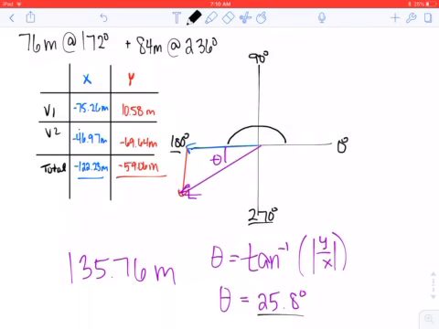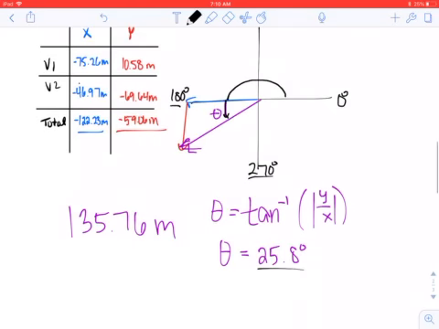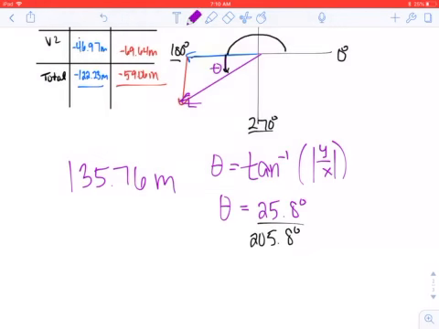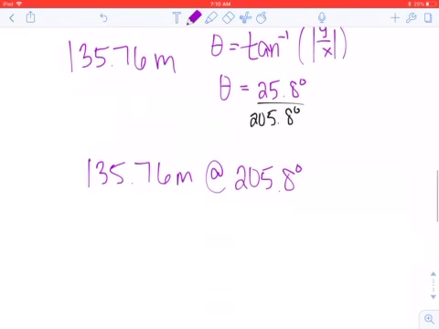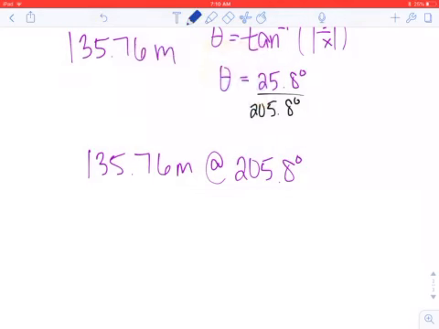I go 180 degrees, and then I go another 25.8 degrees. So my actual angle is 205.8 degrees, meaning my final answer is 135.76 meters at 205.8 degrees.